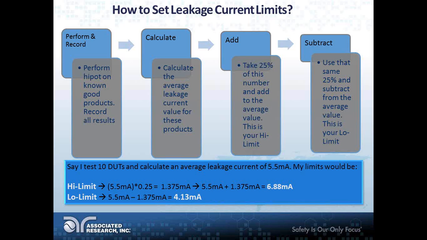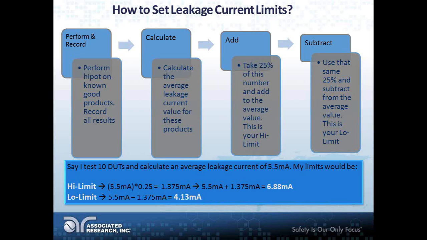Now, when you actually run production testing and you have your high and low limits set, your Hipot tests will fail based on these limits. If the current is lower than the low limit, then there's obviously something wrong. Something's not connected properly, because you should see at least that much current.